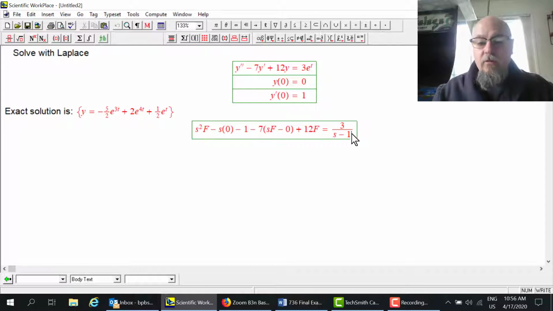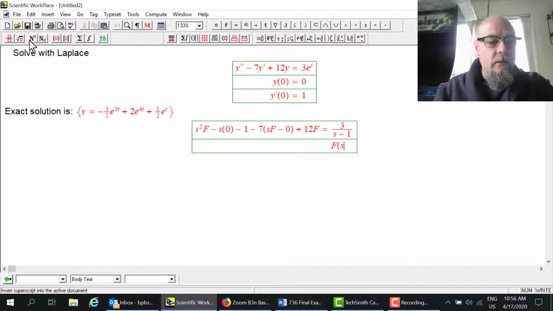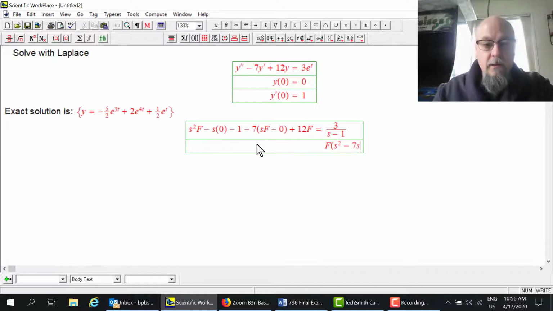Now I'm going to solve for f. In our next step, everything that has an f on it, let's see, there's f times s squared, a minus 7s, and a plus 12.